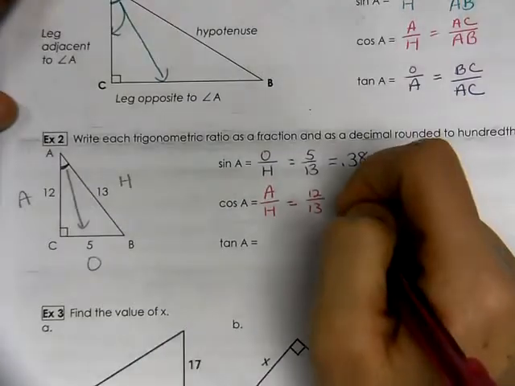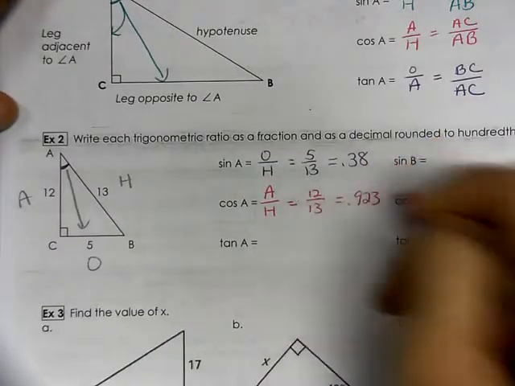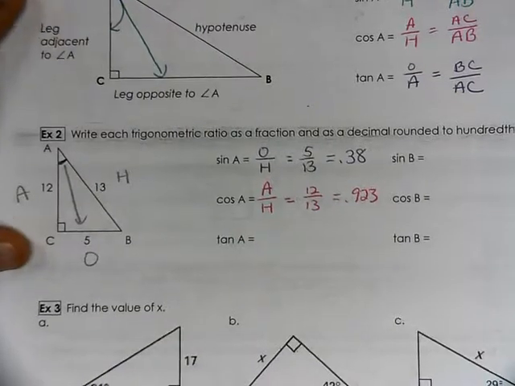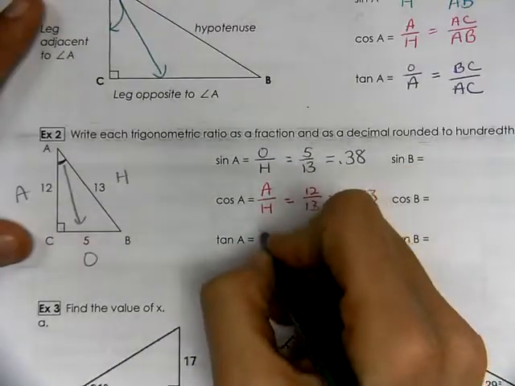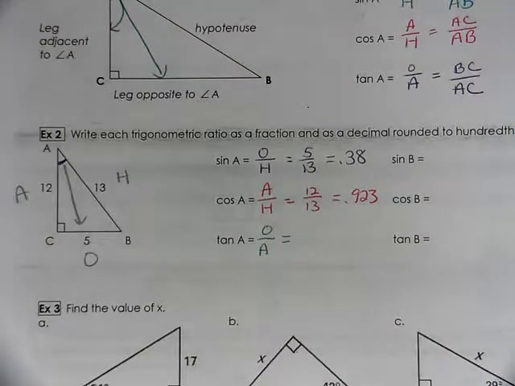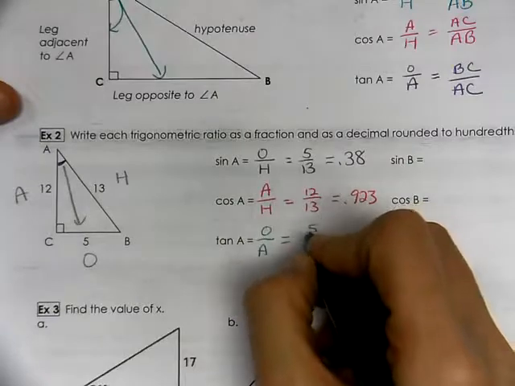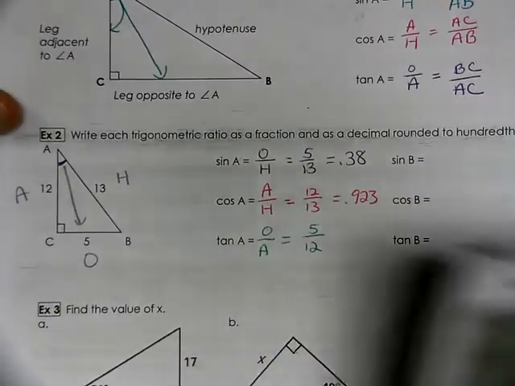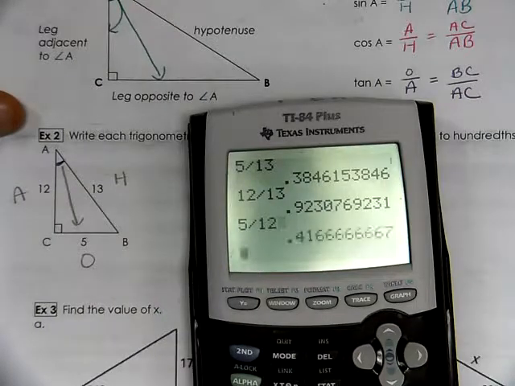Let's do 3 of them. And then the tan is the opposite over the adjacent, which is what over what? 5 over 12, which is 0.417.